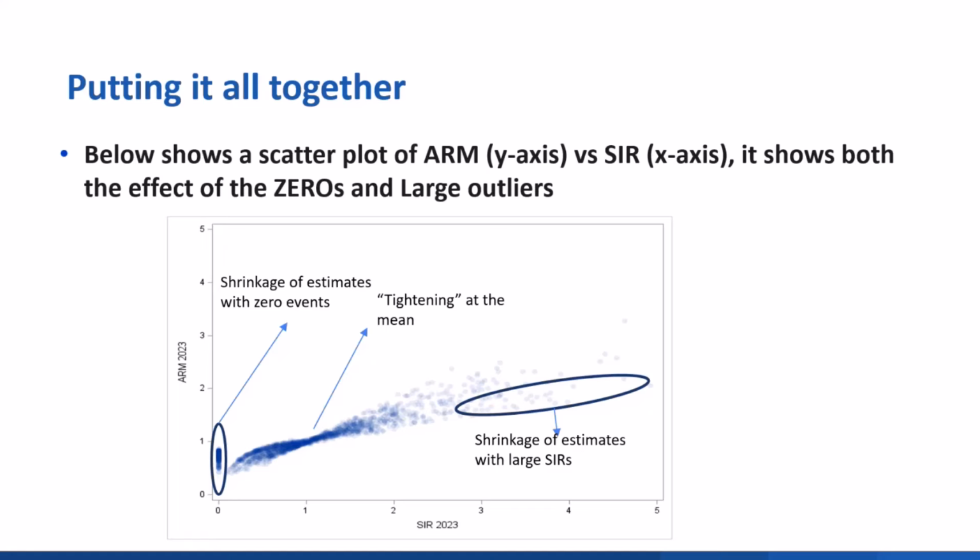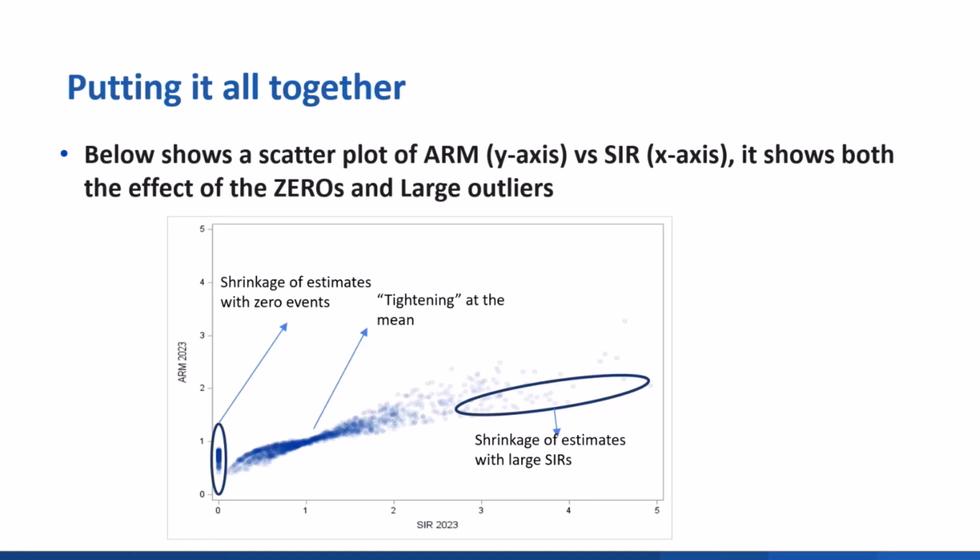The second spot I want to note is on the very right. So this is hospitals that have a large SIR, so they're greater than 3, but they're getting pulled down. These are going to be hospitals that have low exposure, where their large SIR values are getting shrunk towards the middle with the arm.